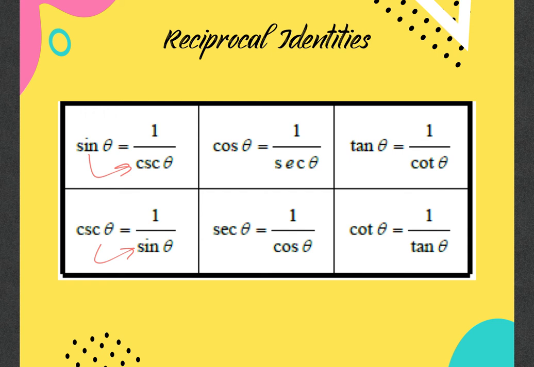Cosine is the same thing as 1 over secant because secant is the same thing as 1 over cosine. And then tangent is 1 over cotangent, and cotangent is the same thing as 1 over tangent. These are called reciprocal identities. So sometimes you'll see in instructions, use the reciprocal identities to do something, and that's what it means. Use the reciprocals to get what you need.